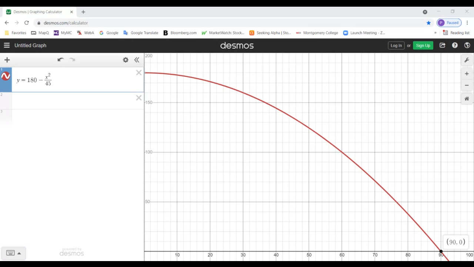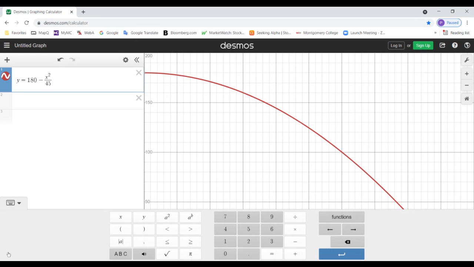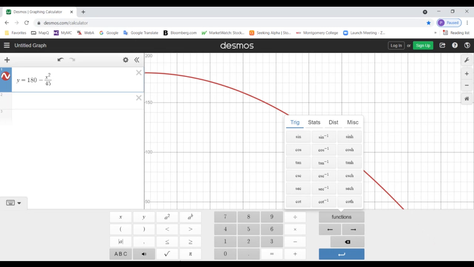Thank you, Samuel. So what we do is, at the bottom left here, there's a little keyboard. We click on the keyboard and it will show a keypad. If you go to functions, it brings up a lot of different functions.